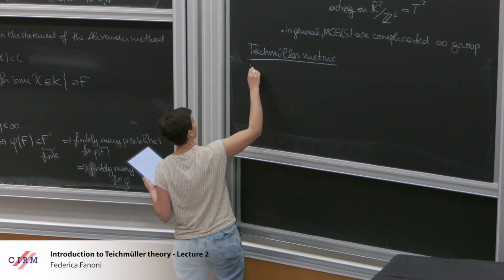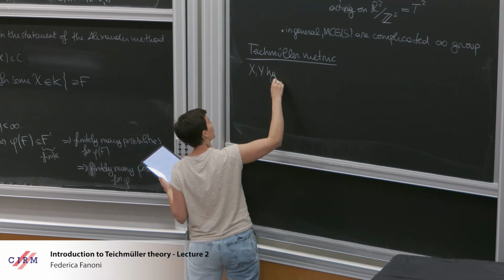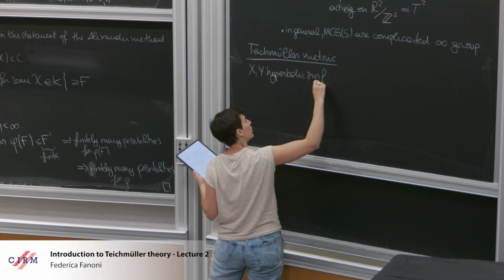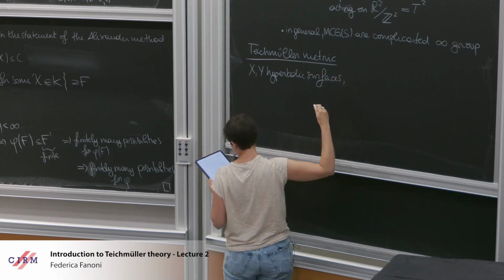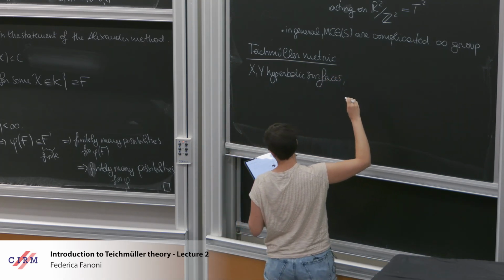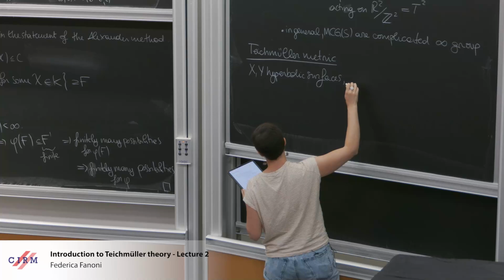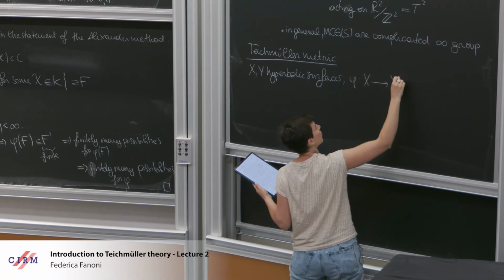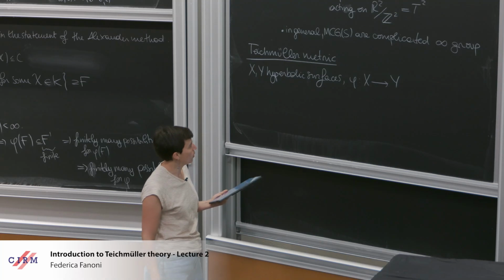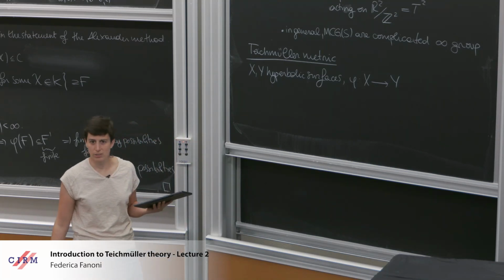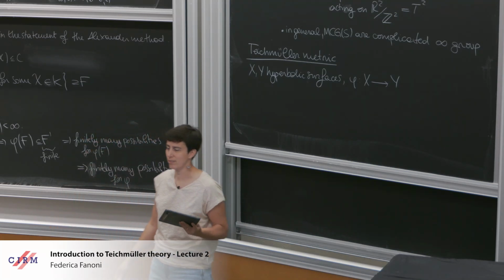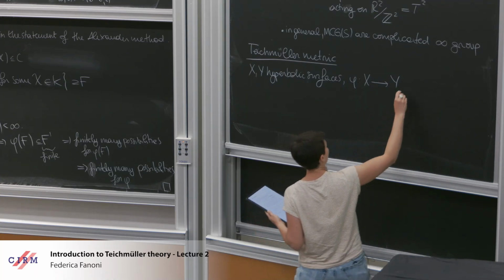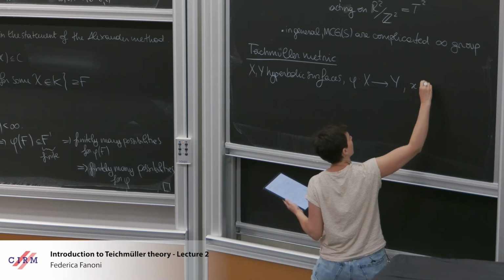So let's say I have X and Y that are hyperbolic surfaces, and I take a map phi, which I can assume smooth. In practice it won't really be, but let's assume that it's as good as we want.